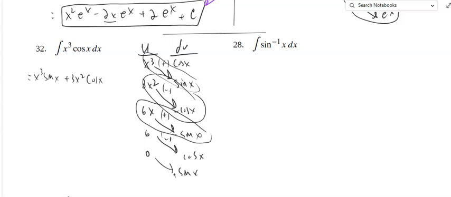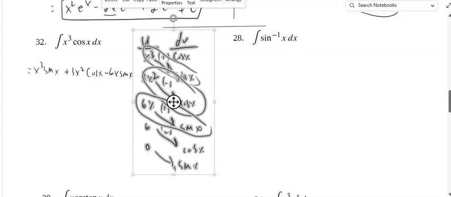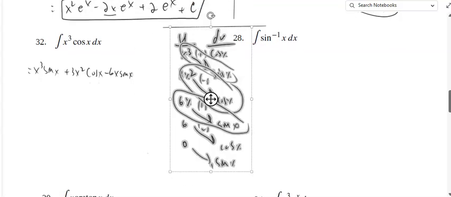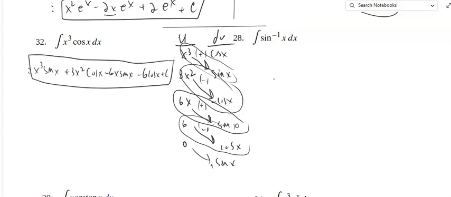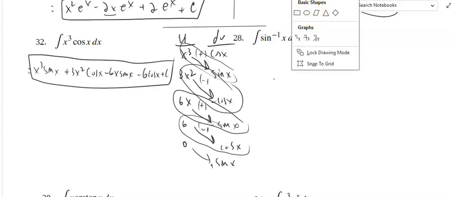Multiply those: minus 6x sine of x. And then multiply those: minus 6 cosine of x plus c. If I was to use integration by parts 3 times, that's what I would have gotten.